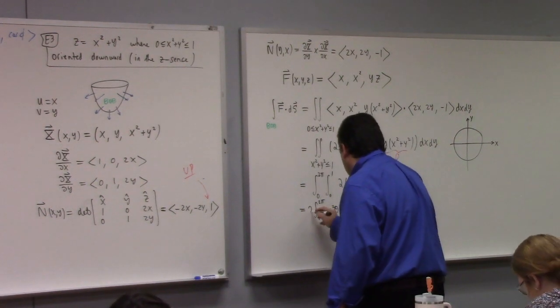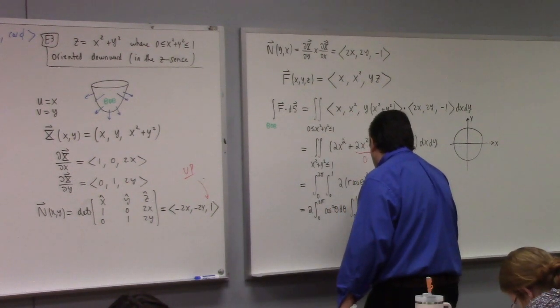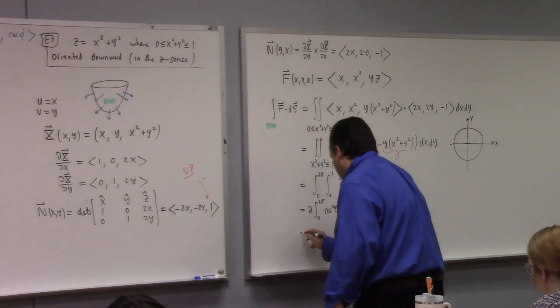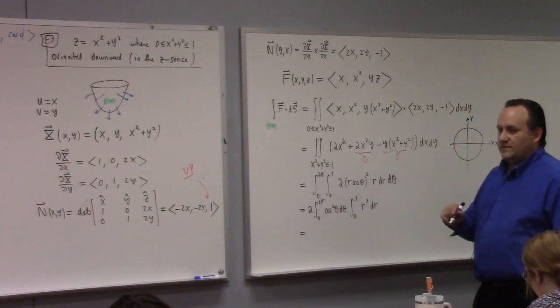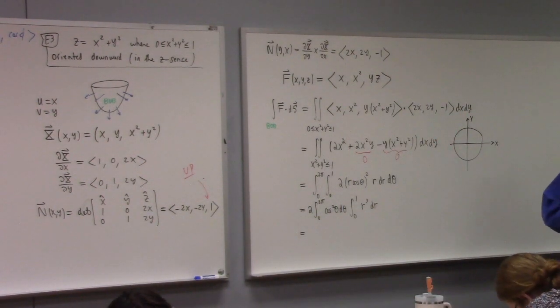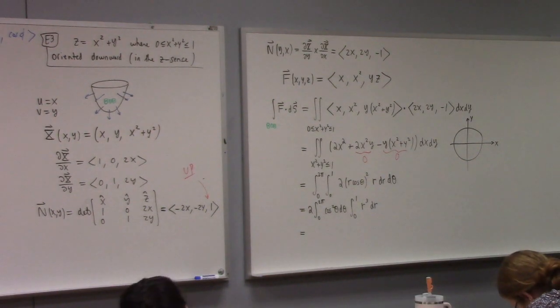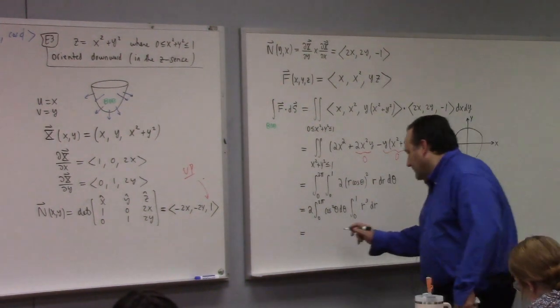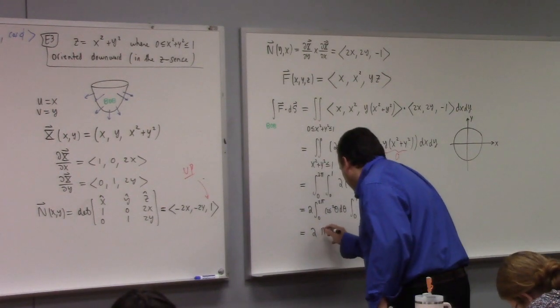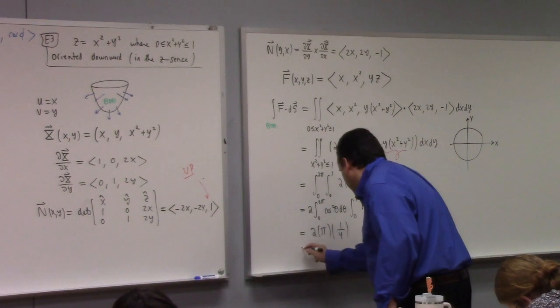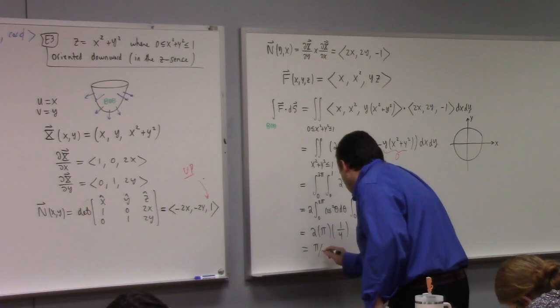I can pull out the 2, and then I've got an integral from 0 to 1 of r cubed dr. Think about this. If I have cosine squared plus sine squared integrated from 0 to 2 pi, I get 2 pi. But cosine squared is half of that story, and symmetrically so. So the integral from 0 to 2 pi of cosine squared is just pi. And then, of course, I've got 1/4. So the answer is pi over 2.